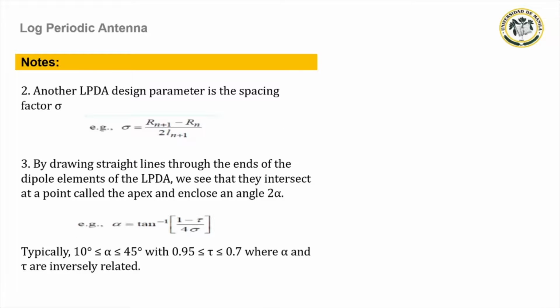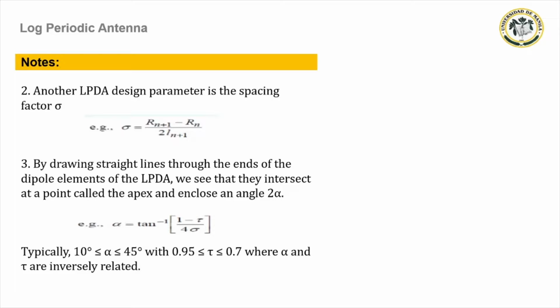Another LPDA design parameter is the spacing factor sigma. For example, sigma equals R sub n plus 1 minus R sub n over 2L sub n plus 1. By drawing straight lines through the ends of the dipole elements of the LPDA, we see that they intersect at a point called the apex and enclose an angle 2 alpha.